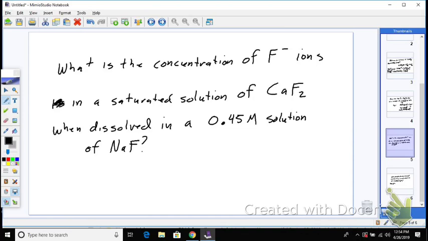When they combine two solutions together, they have the common ion effect. It reduces how much of a certain ion can dissolve, if they want to decrease the amount that will dissolve. These are really pretty easy to do.